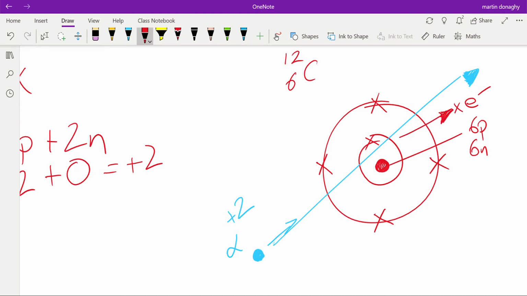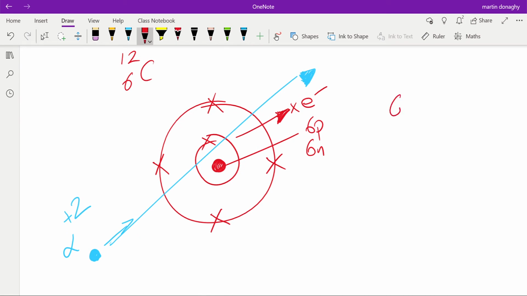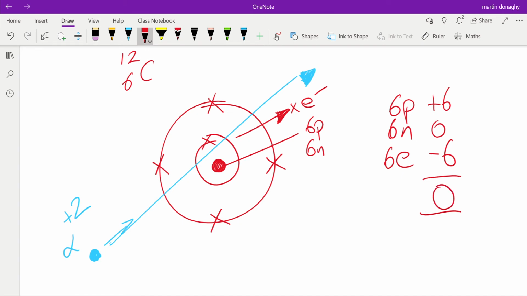Okay, now that atom then used to have 6 protons, 6 neutrons, and 6 electrons, which meant before this occurred, it has a charge of +6, 0, -6, overall charge like every atom, nothing. Okay, it's neutral. However, it has now lost an electron, which means that now it has a charge of -5 from the electrons, +6 still from the protons because they haven't changed, which means overall it now has a charge of +1.